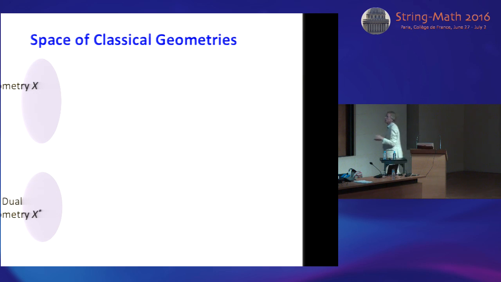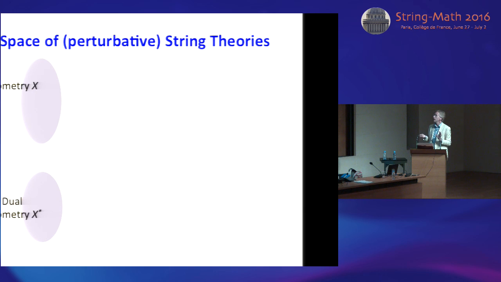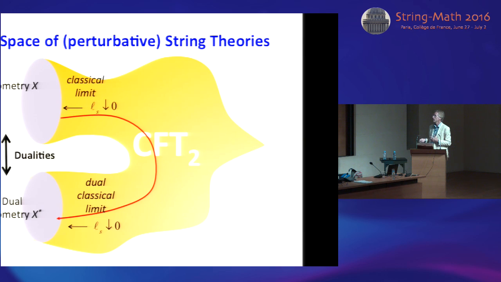And again, the big surprise here was that there's apparently a different way to think about geometry. Now, usually we know exactly when 2 spaces, X and X star, are the same or not. But in this kind of string context, these classical geometries could be the limiting cases of a quantum geometry. In this case, it would be classified by the space of a certain set of 2-dimensional conformal field theories. And again, there are 2 limits here. So it could be that there are 2 ways to take a classical limit. So you have this big blob of theories, 2-dimensional quantum field theories, string theories.